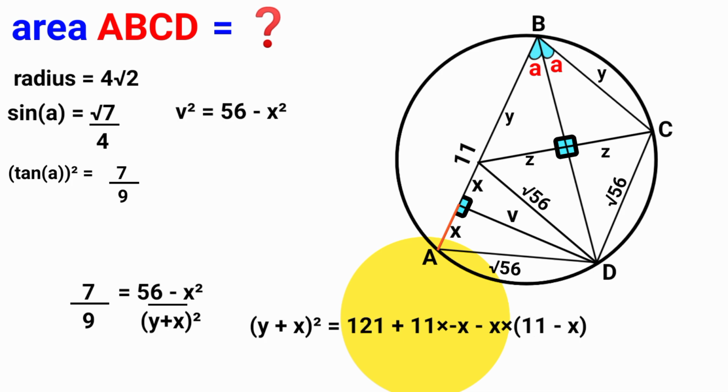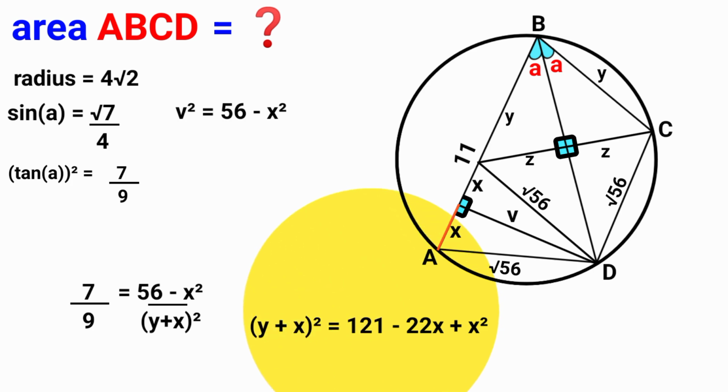Plus 11 times minus x is minus 11x. Minus x times 11 minus x is minus x times 11 plus minus x times minus x. Minus x times 11 is minus 11x. And minus x times minus x is plus x squared. Minus 11x minus 11x is minus 22x. So (y plus x) all squared equal to 121 minus 22x plus x squared.